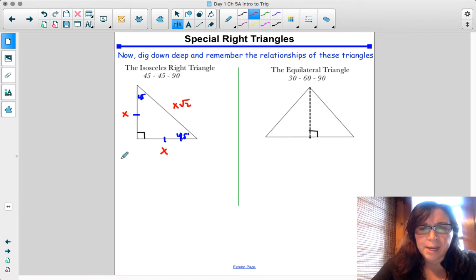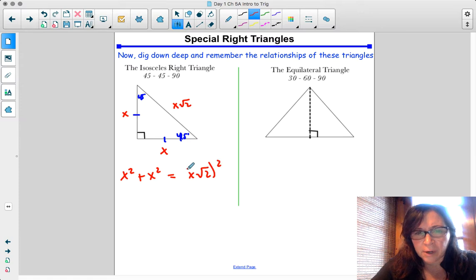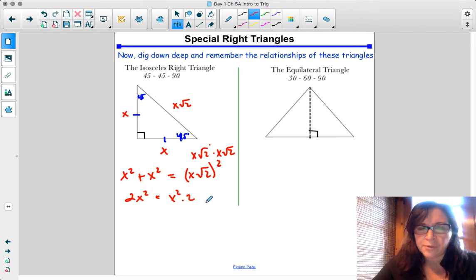A way to prove that would be to use the Pythagorean theorem. x squared plus x squared should equal x root 2 quantity squared. So you'd have 2x squared equals x root 2 times x root 2, which is x squared. Root 2 times root 2 is root 4, which is 2. And then, of course, they're equal.